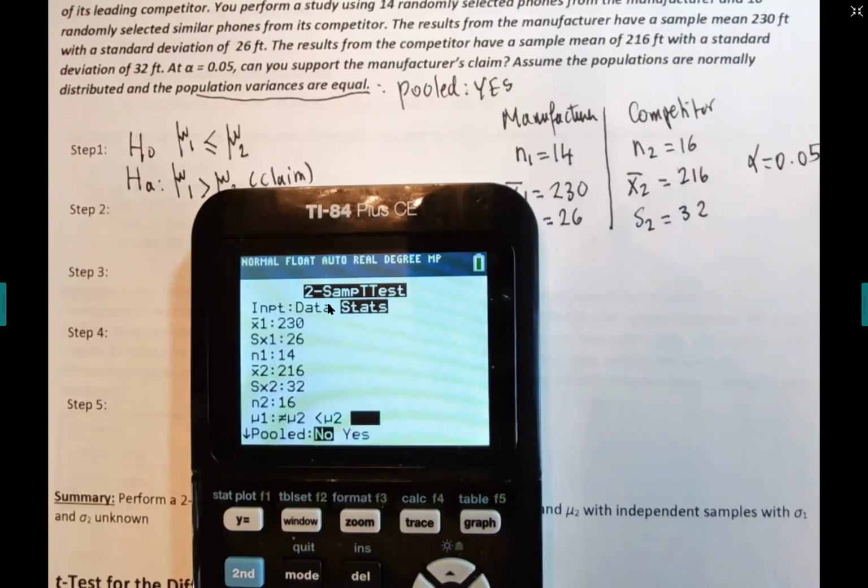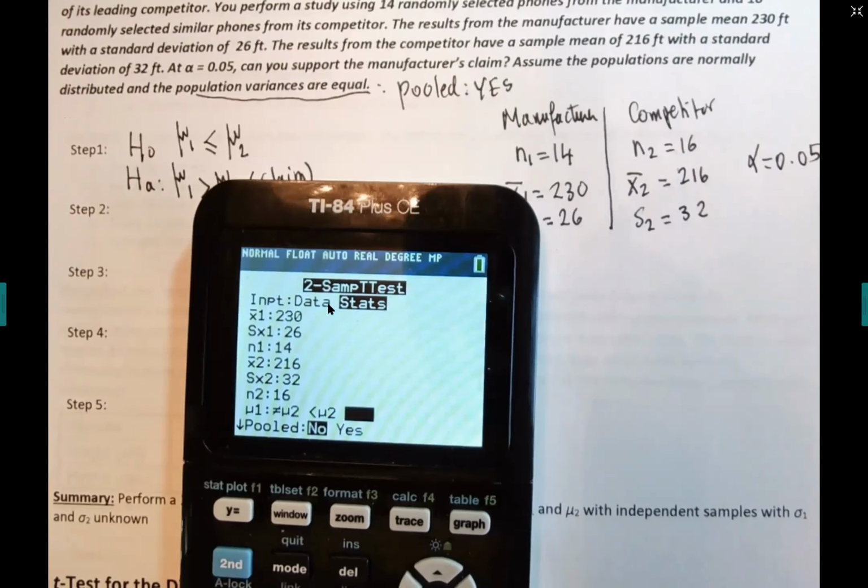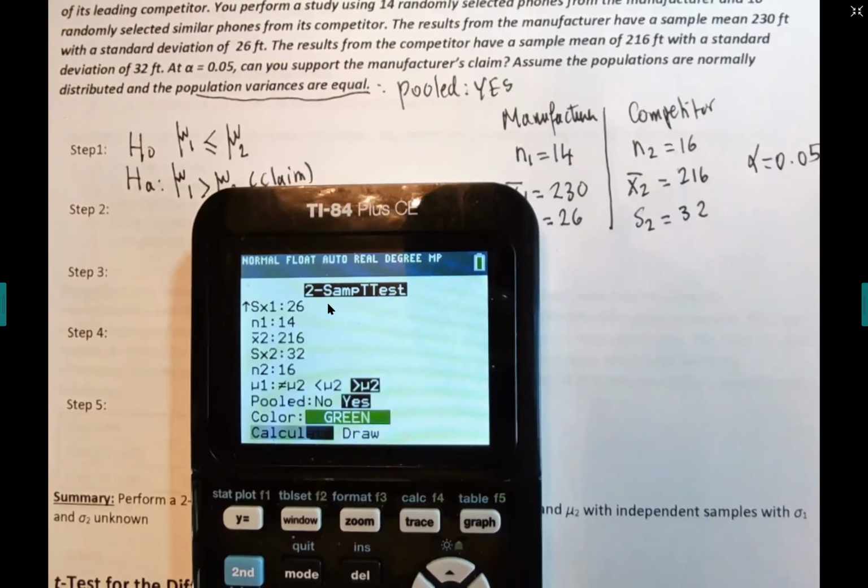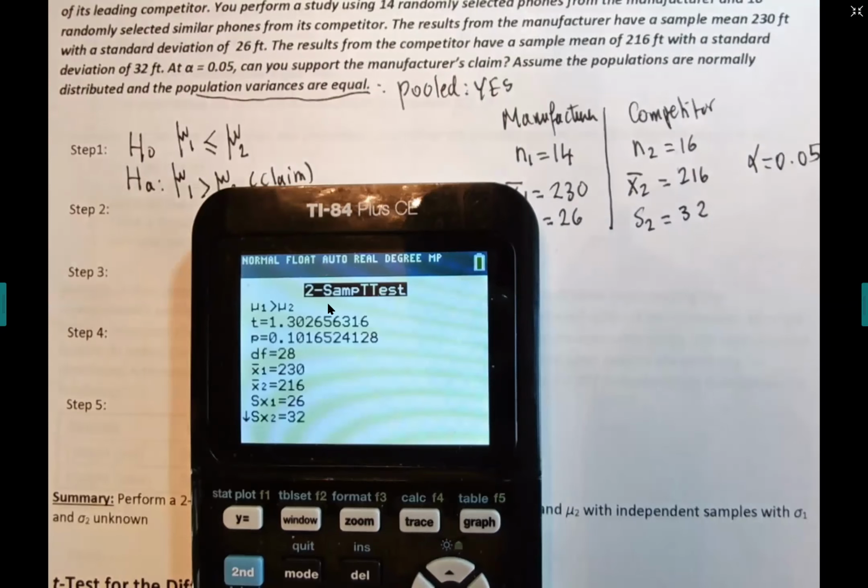Pooled, that's very important. So we have to select yes here. You try it later with no, guys, you're gonna get different answers. Okay, and then hit calculate and watch. T is 1.303, three decimal places, and the p-value is 0.1017.